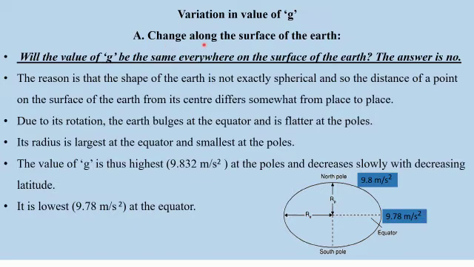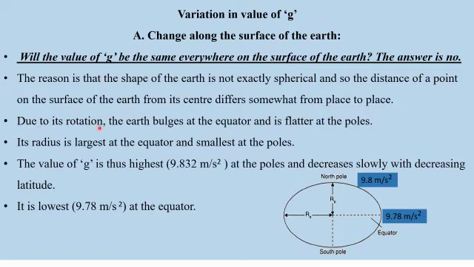First one, change along the surface of the Earth. Will the value of g be the same everywhere on the surface of the Earth? The answer is no. The reason is that the shape of the Earth is not exactly spherical, and so the distance of a point on the surface of the Earth from its center differs somewhat from place to place.